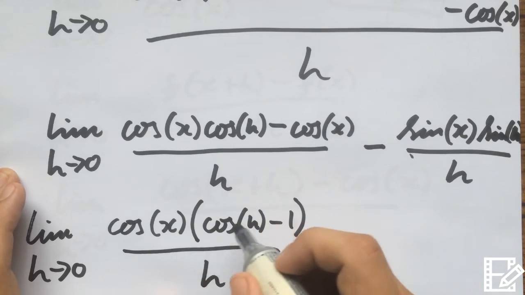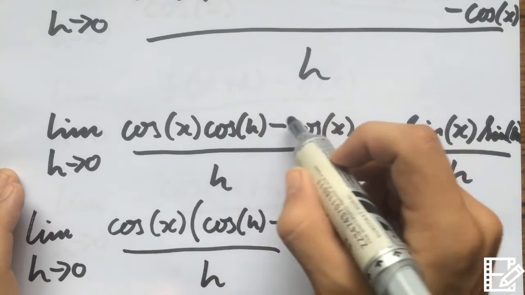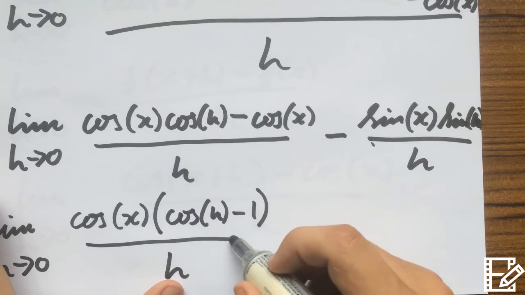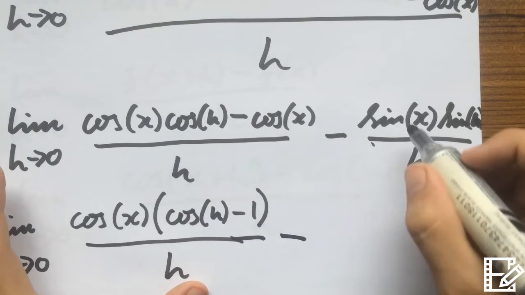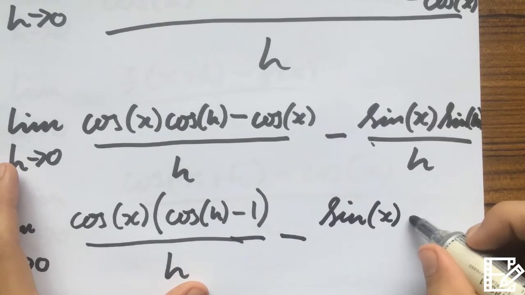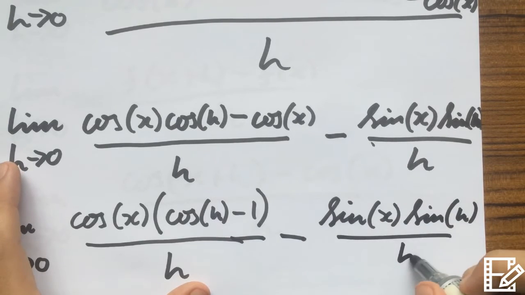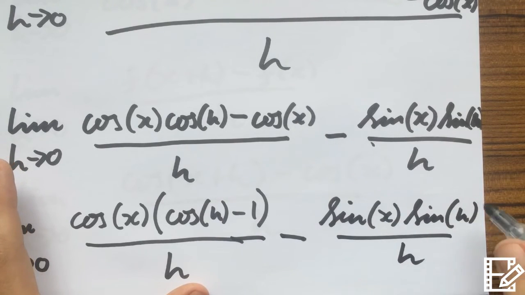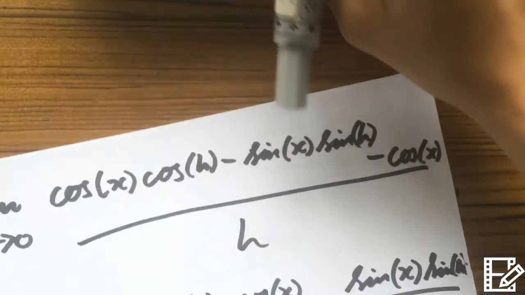Essentially, if we were to expand these brackets and multiply the cos x back in, it would look like this. If you've watched my other videos, you might know where this is going. But now we're going to subtract sin x multiplied by sin h over h. We have a bit more room, so it's a bit clearer. Almost done.